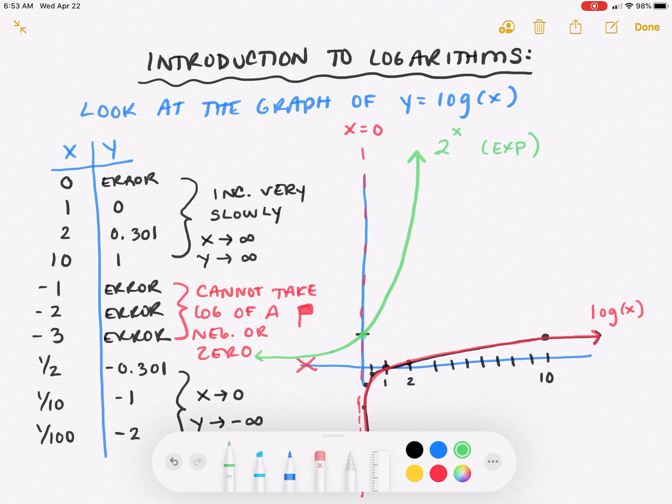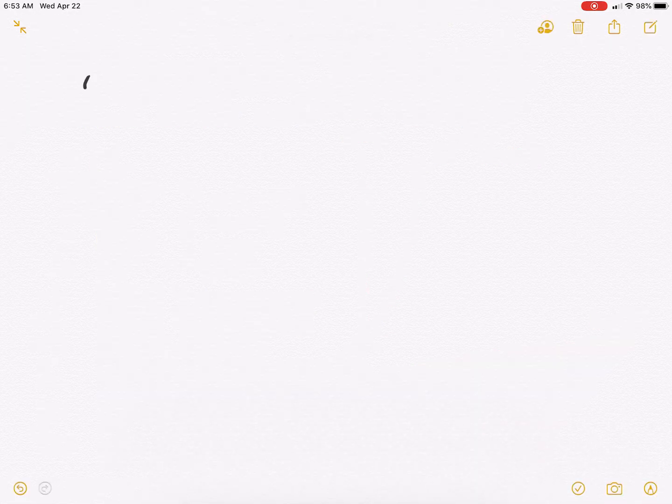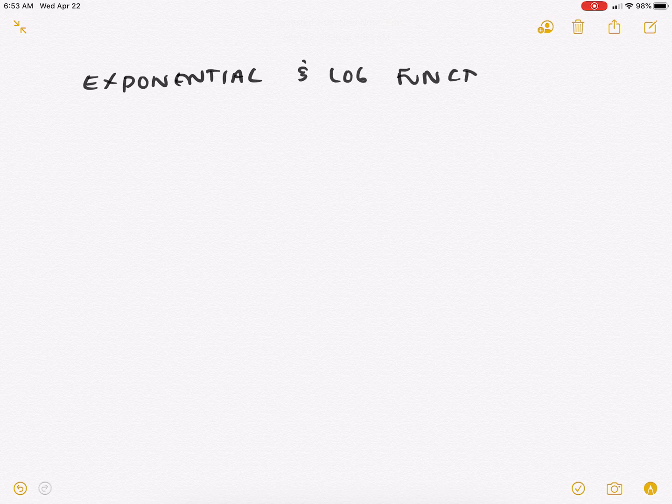So I want to talk for just a second about that because this is kind of an important part, is that exponential functions and log functions, okay, they are opposites, which is not exactly the right mathematical term for these, okay?